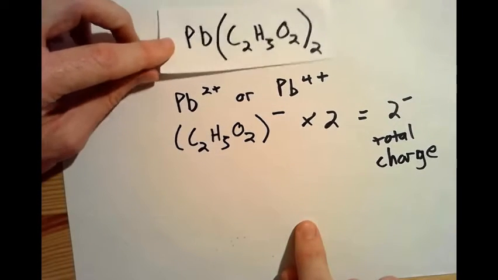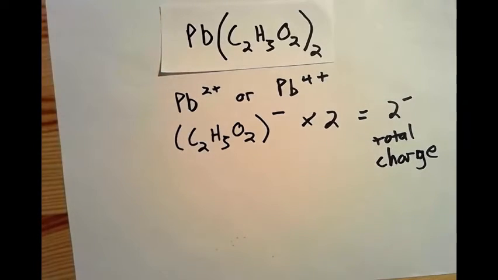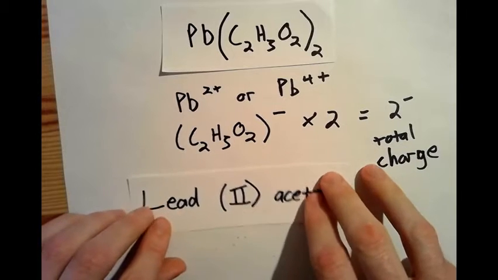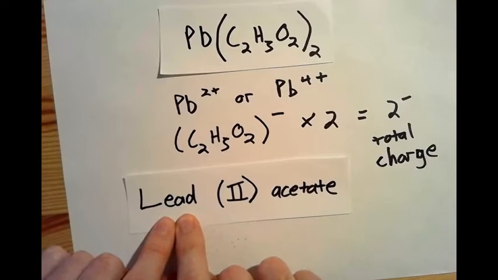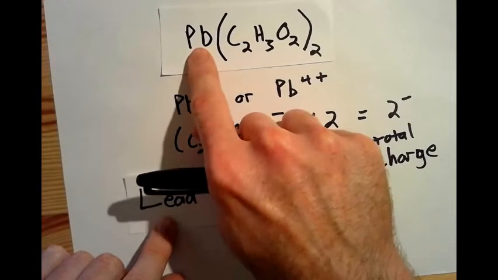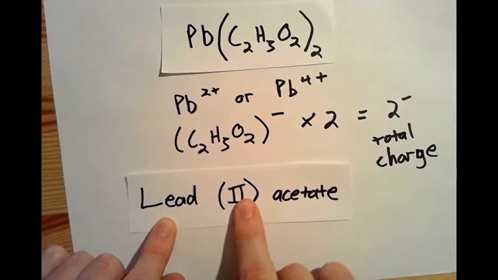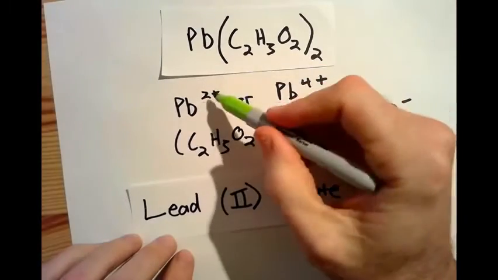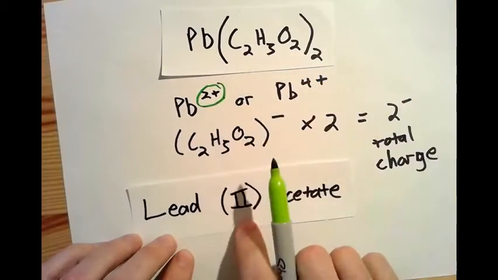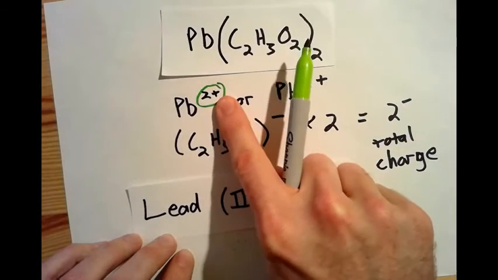So the way I notate this is by writing lead(II) acetate. That means that we have lead, Pb, 2, meaning the 2 plus. This Roman numeral means the oxidation state.